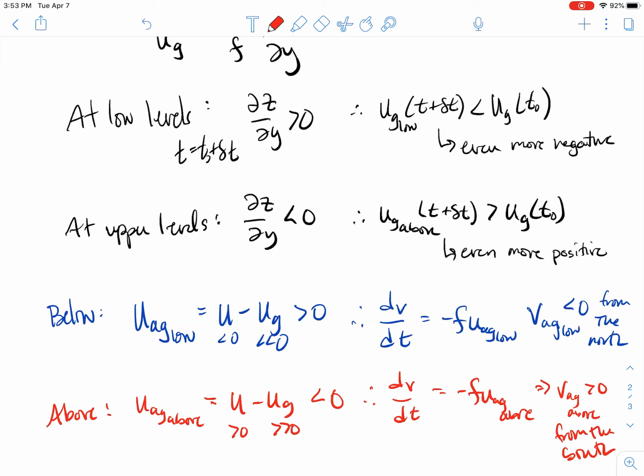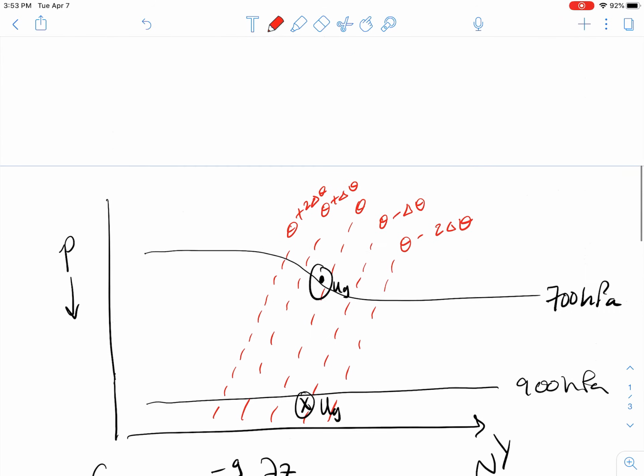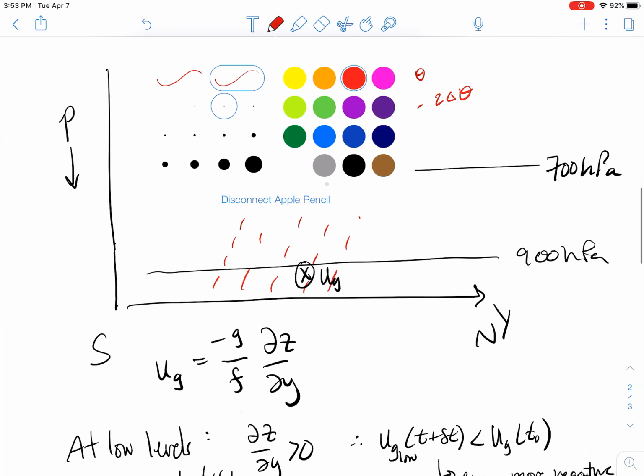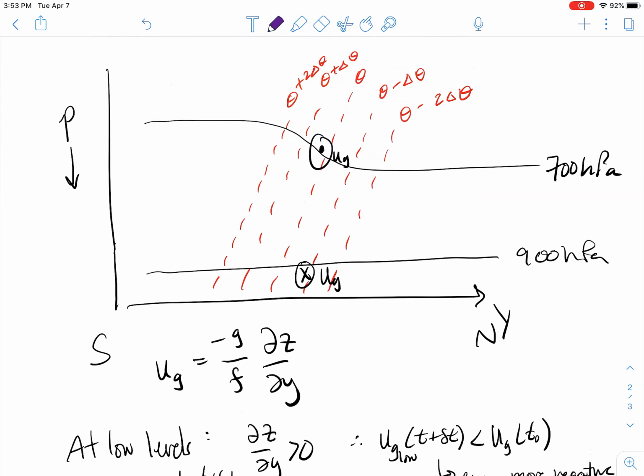So what does this mean for our picture? Above, our ageostrophic flow is going to be from the south. And so let's go ahead and draw our VAG from the south.